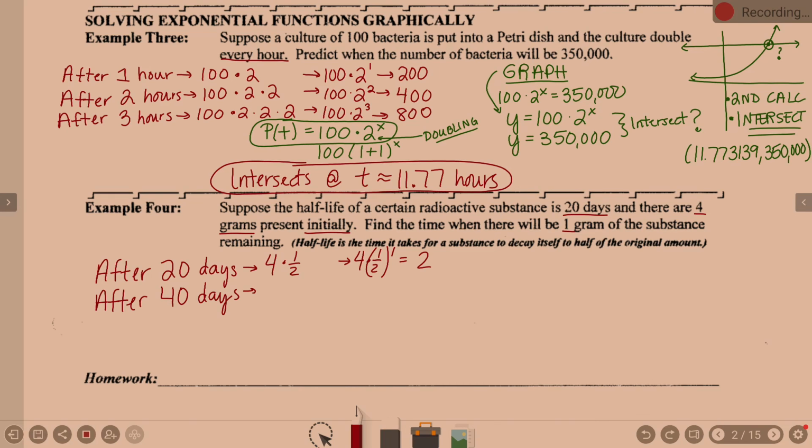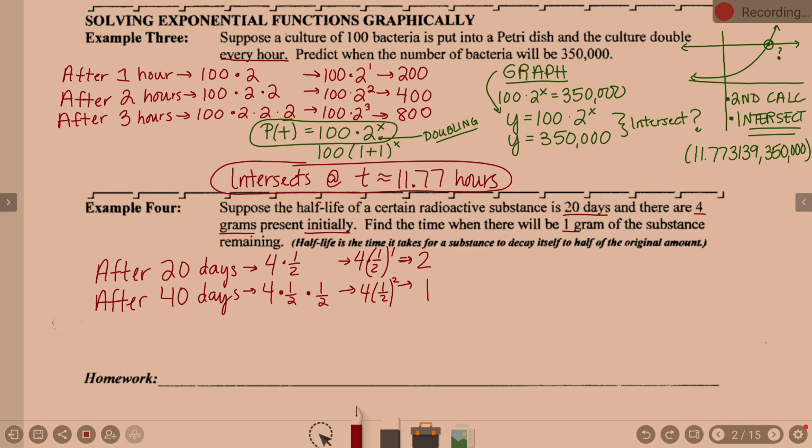Well, first of all, half of 2 is 1, so we're going to be down at 1, aren't we? But how do we get that? The initial 4 times a half times a half again, or in other words, 4 times 1/2 to the second.